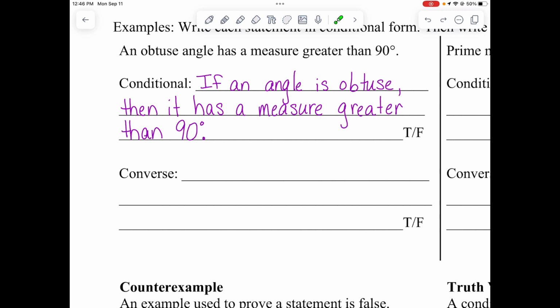But we're keeping the overall organization the same. So an obtuse angle has to be in the hypothesis. The measure greater than 90 degrees has to be in the conclusion. So if an angle is obtuse, then it has a measure greater than 90 degrees. And we would say, is that true or false? Yep, that's true.